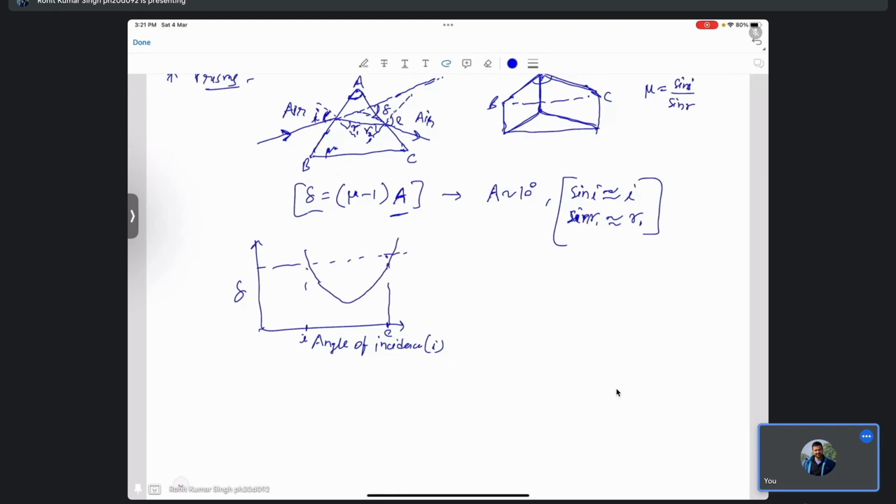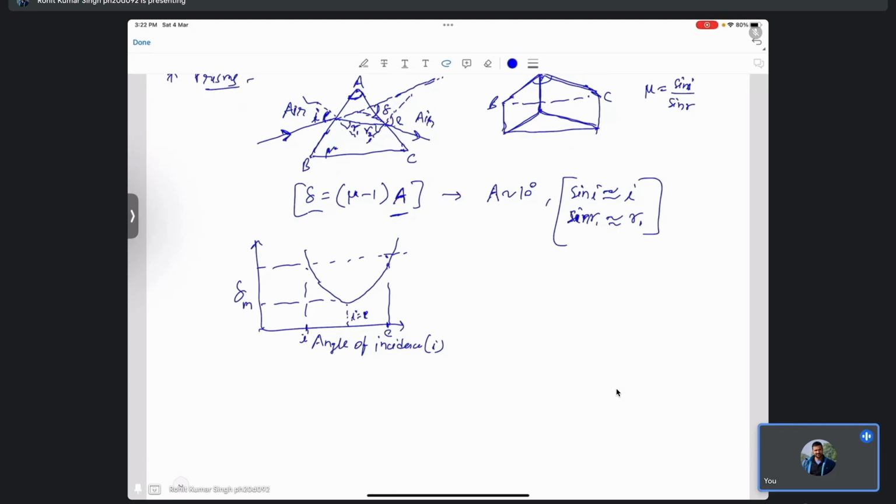And here, where I is equal to E, that means the angle of incidence and angle of emergence are both equal, there will be a minimum deviation.